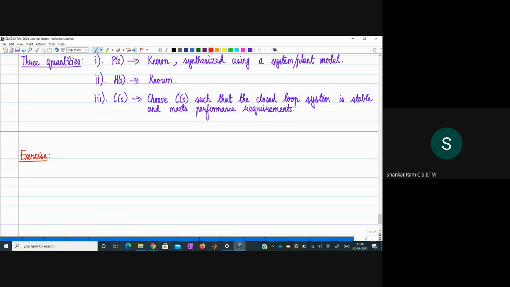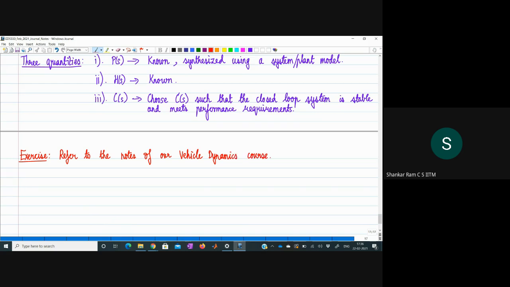So I will write down what this exercise is. Refer to the notes of our vehicle dynamics course. Please do this, because we will be using them as we go along.